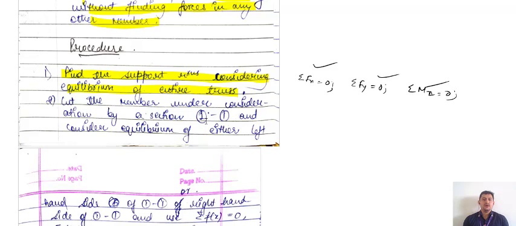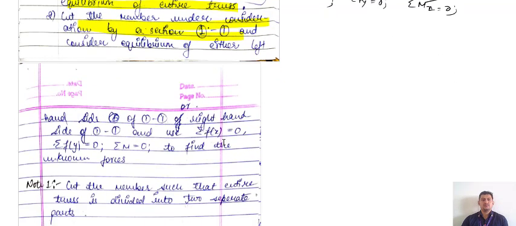Now you have to cut the member. The second point says to cut the member under consideration by a section 1-1. If you start cutting the section, name the section as 1-1. It depends upon you what you name it, so I am taking section 1-1. Suppose I have cut a line like this, so this is 1-1.